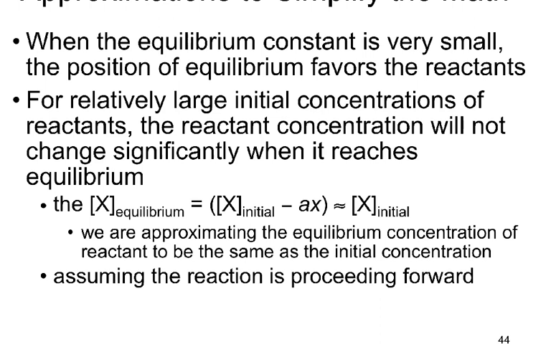So we can approximate that our equilibrium concentration is about equal to our initial. If we take our initial and subtract off that X value, it's going to be very small. We're going to treat them as the same number, assuming our reaction is progressing forward.